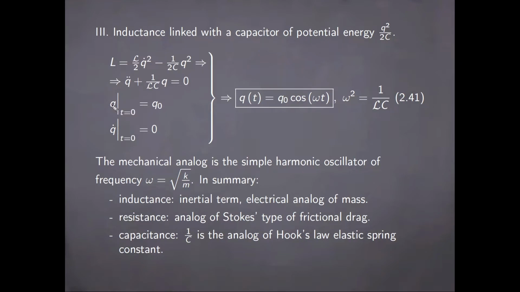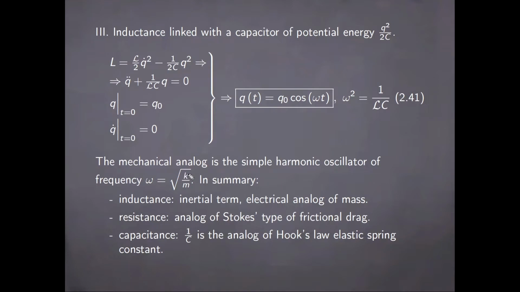So for the charge Q at t equals 0 being some value Q0, the charge on the capacitor, and the initial current through the system being 0, then the solution is simply Q0 times cosine of omega t, where omega squared is the ratio of 1 to the product between inductance and capacitance.